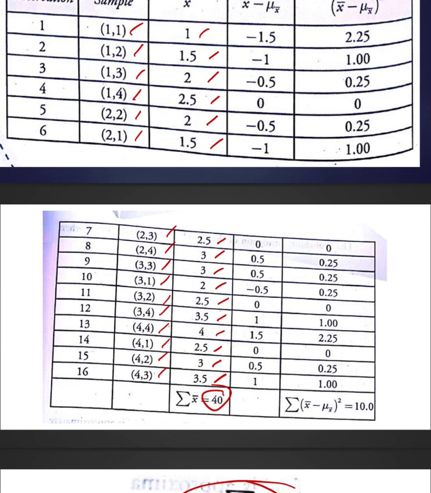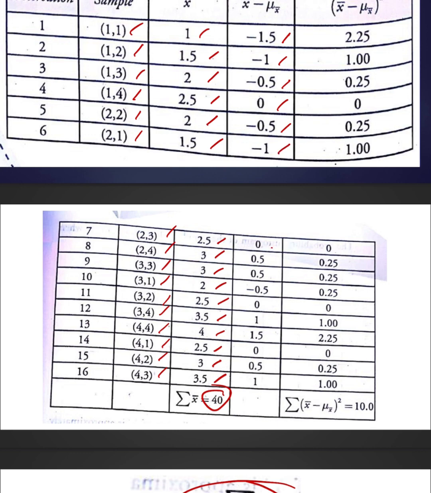So 1 minus 2.5 is negative 1.5. 1.5 minus 2.5 is negative 1. 2 minus 2.5 is negative 0.5. 2.5 minus 2.5 is 0. 2 minus 2.5 is negative 0.5. 1.5 minus 2.5 is equal to negative 1.